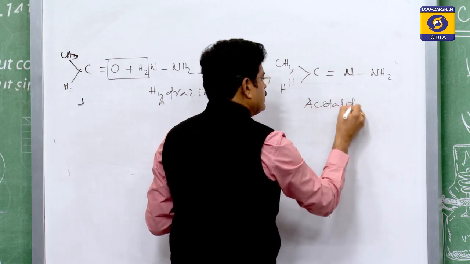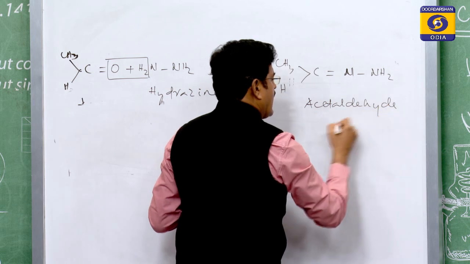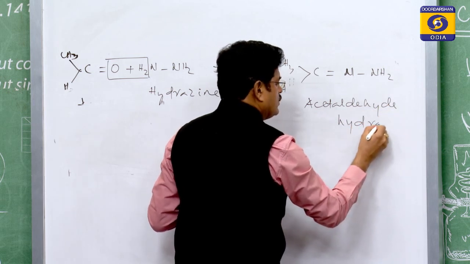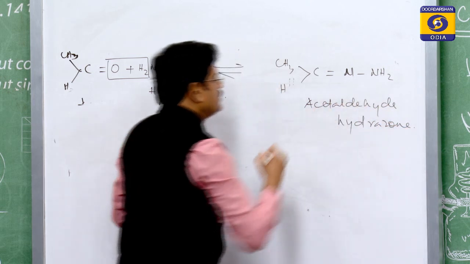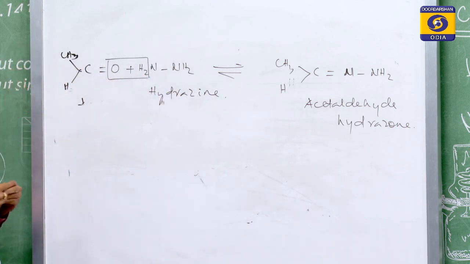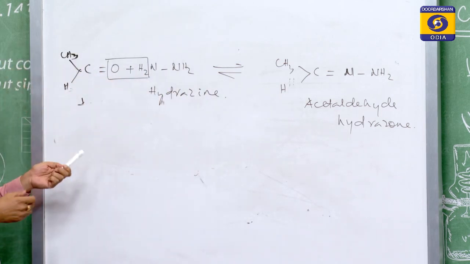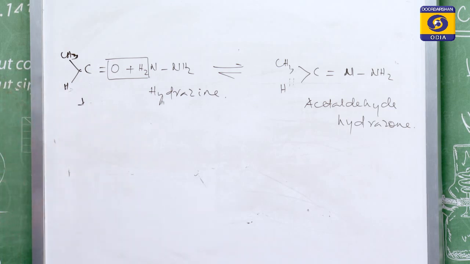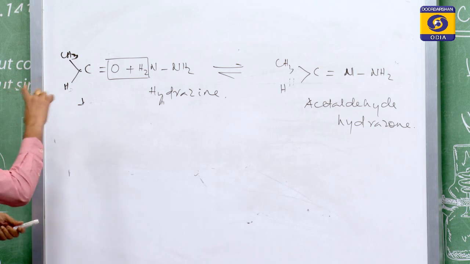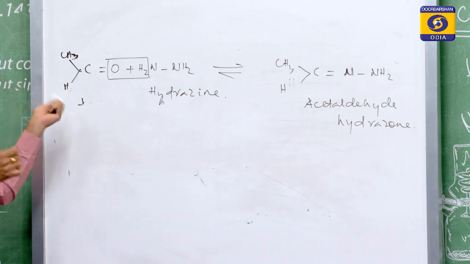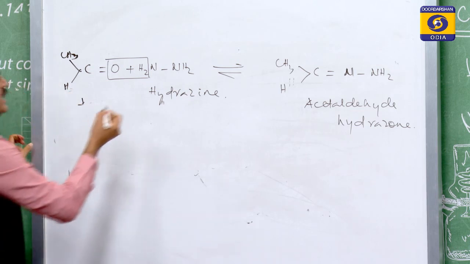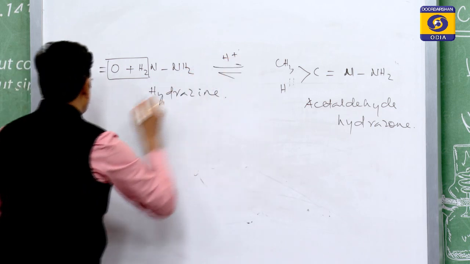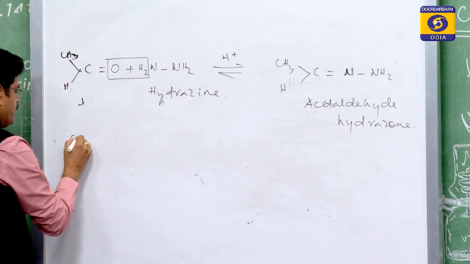Acetaldehyde hydrazone. Acetaldehyde with hydrazine gives acetaldehyde hydrazone. Okay, I am directly writing these reactions. Acetaldehyde with hydrazine gives hydrazone in acidic medium.